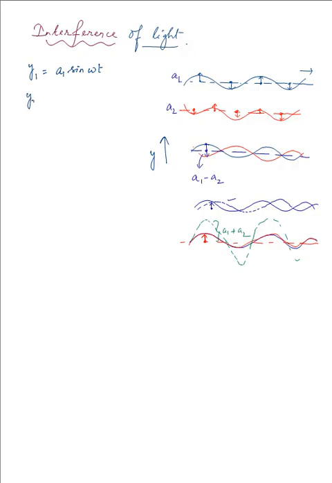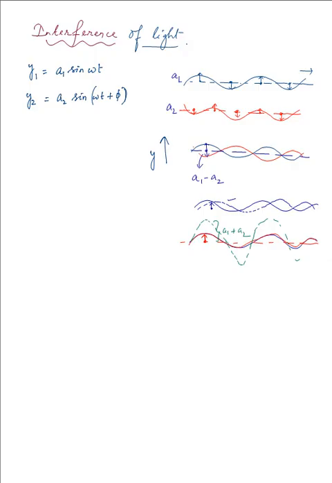Now y2 is supposedly the displacement equation for the second wave, which is, let's say, ahead by a phase phi. We do not know what that phi phase is. We have just given a variable representation for that phase difference between those two waves.